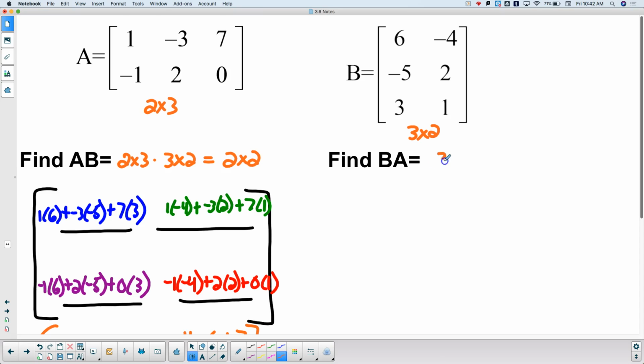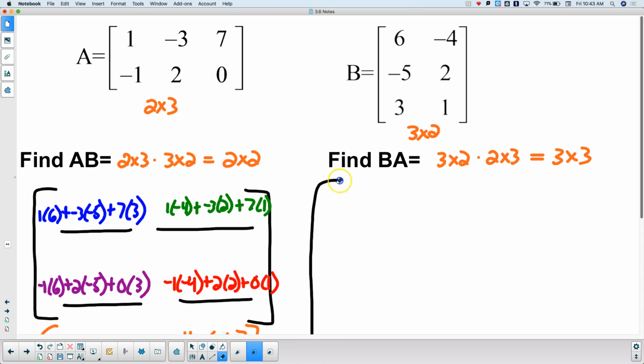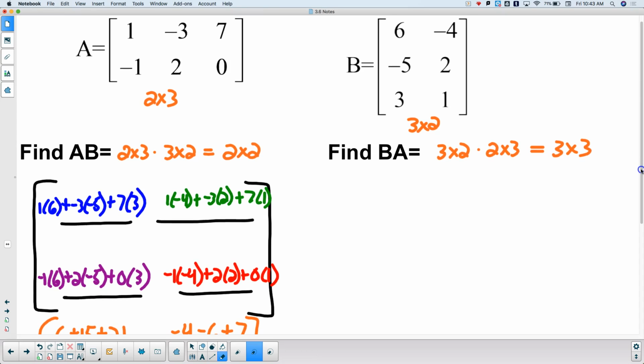B times A would be a 3 by 2 times a 2 by 3, which is going to give me a 3 by 3. Oops, I might scroll down just a little bit. How much more can I scroll down?